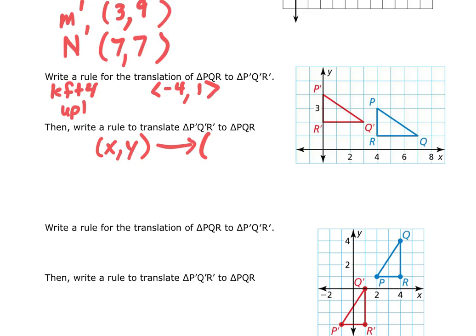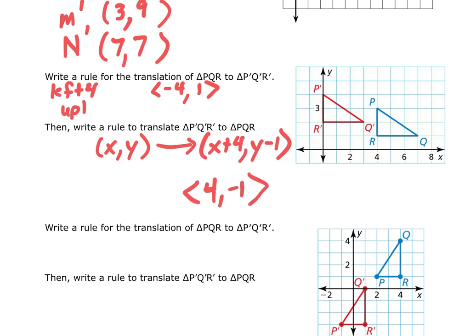In this case, we're going from the prime back to the original, so that's why we're going to add 4 and subtract 1. Okay. If I wrote the vector rule for this one, it would be 4, negative 1.